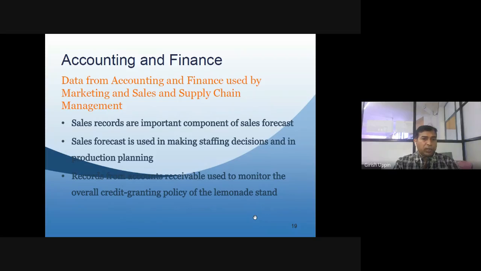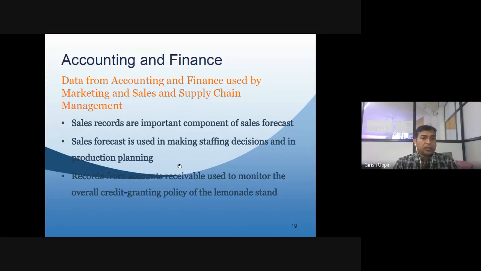Accounting and finance, other functionalities. Data from accounting and finance is used by marketing and sales and supply chain management. Sales records are important components of the sales forecast. Even though there are other parameters, the sales records, whatever sales are happening, are very important in order to make the forecast.